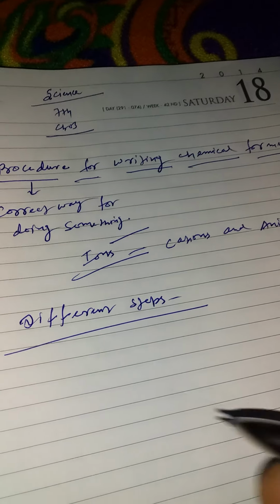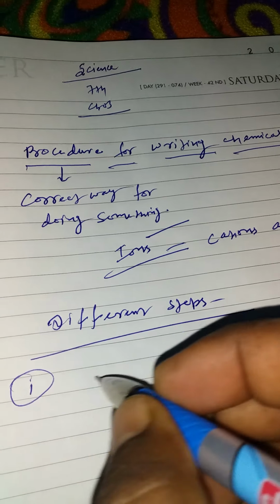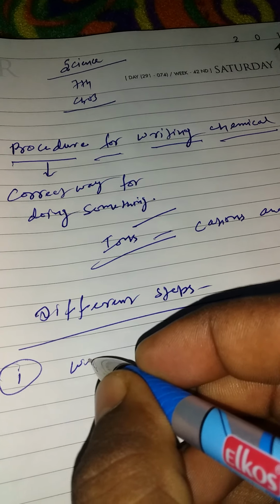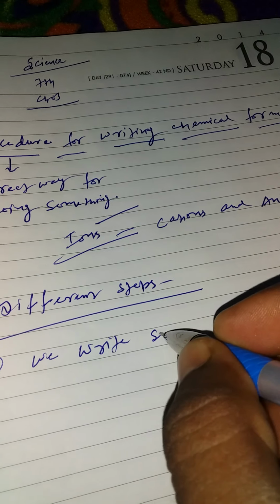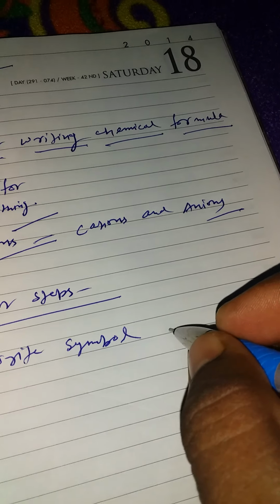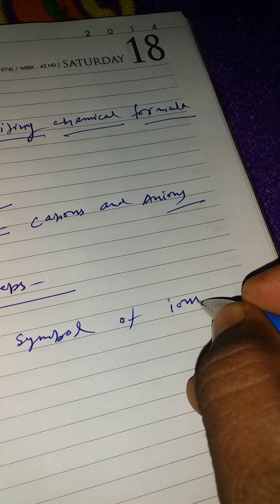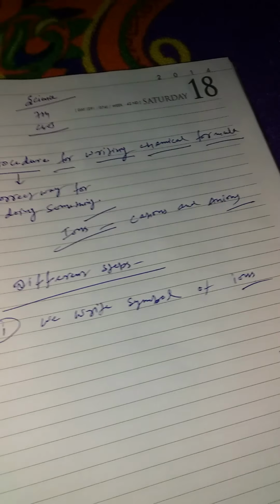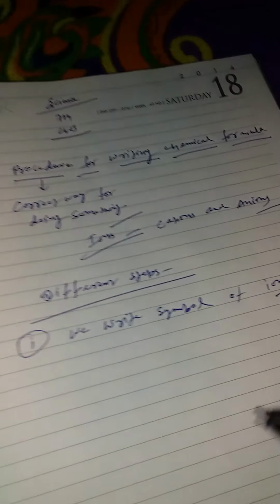for writing chemical formula. First of all, we write symbol of ions.